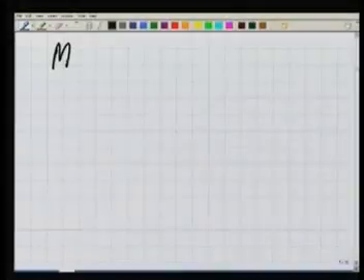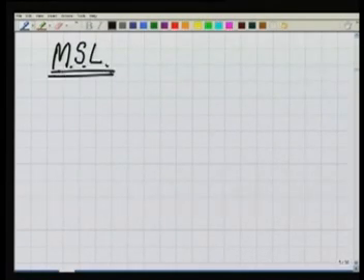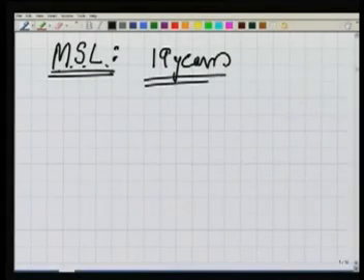To establish this geoid or this datum, it is realized by mean sea level, because we know the water surface is also equipotential. Mean sea level means the sea level has been observed for a period of 19 years for all its variations.